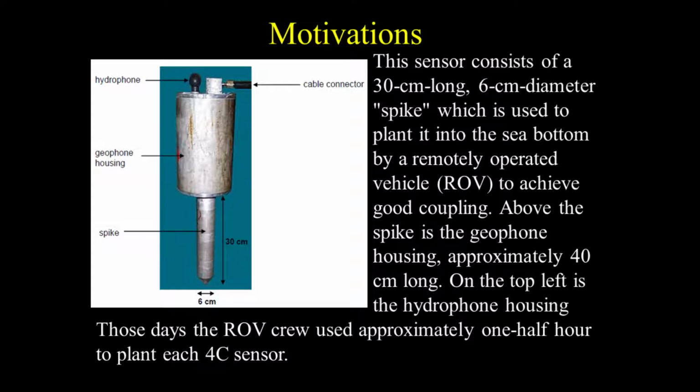Above the spike is a geophone housing, approximately 40 centimeters long. On the top left is the hydrophone housing. In those days, the ROV crew used approximately half an hour to plant each 4C sensor.